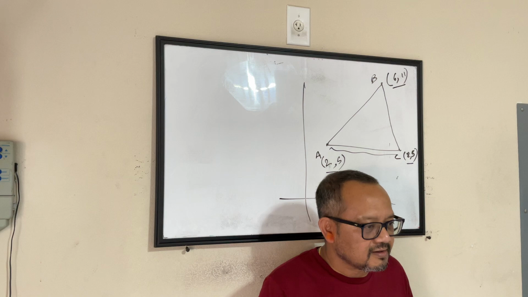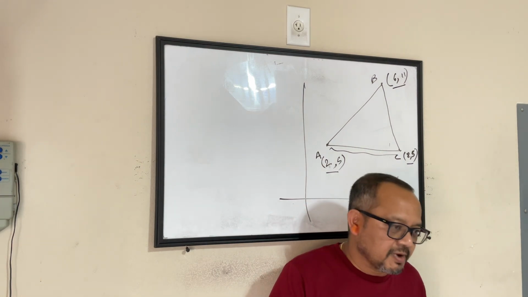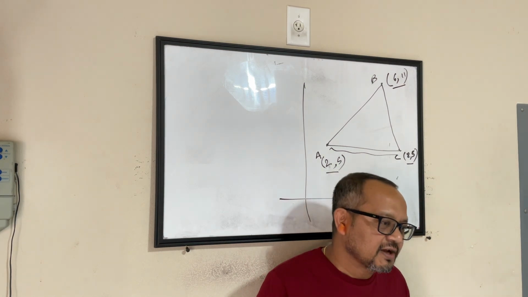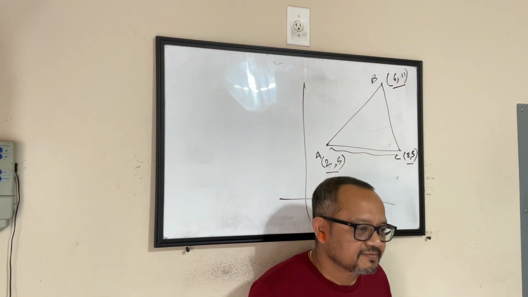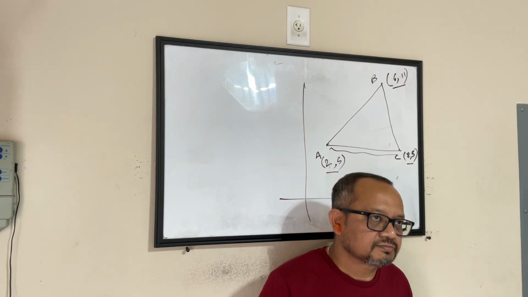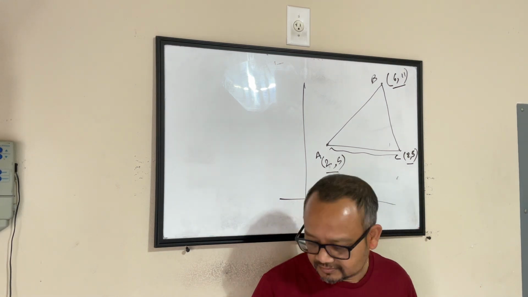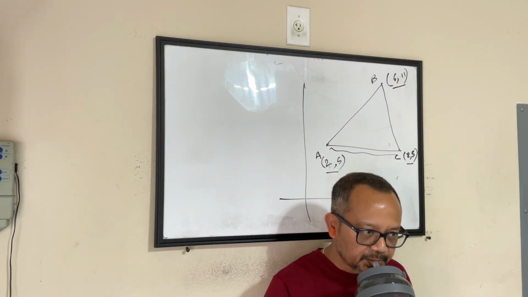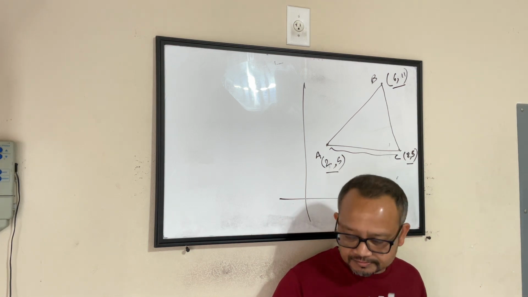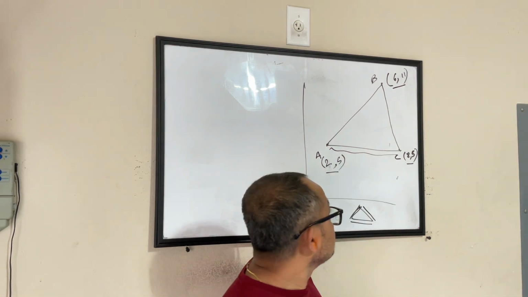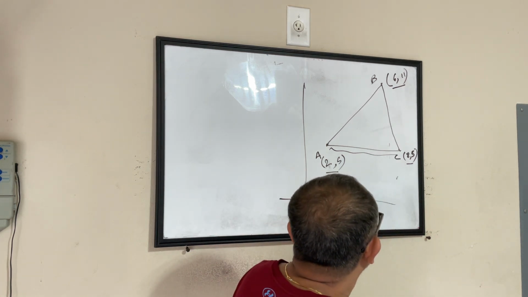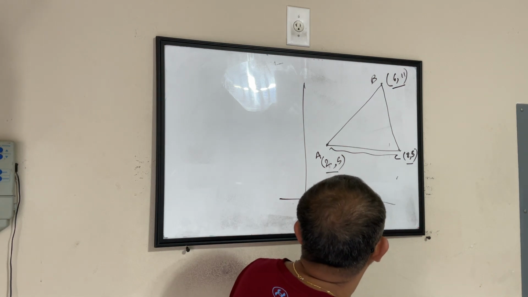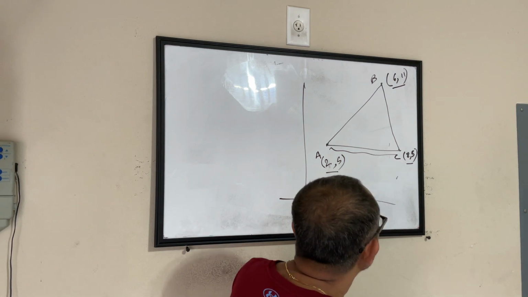Can I tell you what I got for the area of it? No, I'm not interested in that. I'm only interested in the approach right now. So tell me the approach. That is what I will appreciate. So what I did was I did the length of A and C, which is 6, and then if you go A and B straight, for the height you just have to minus 5, I think.